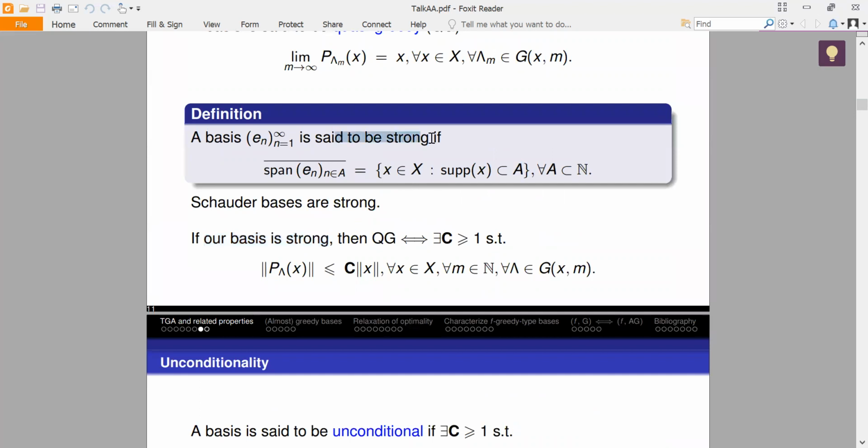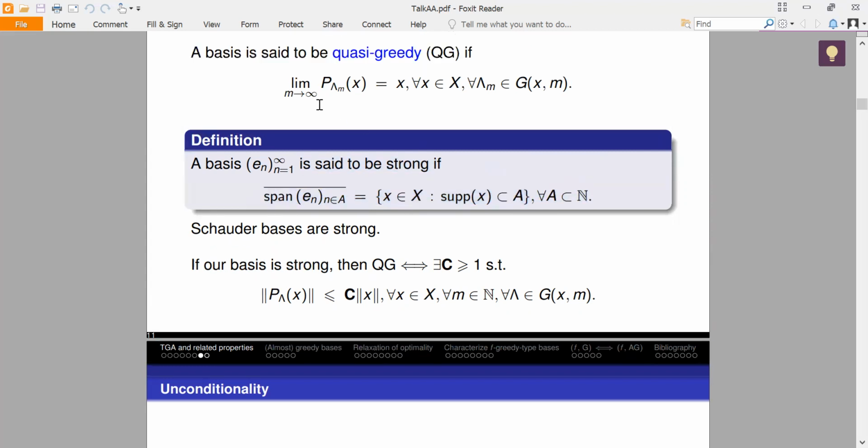A basis is Schur if the closure of the span of e_n for every n in A, for any set A, is equal to the set of all vectors whose support is in A. If you have this condition satisfied, then the convergence here is equivalent to this boundedness property.